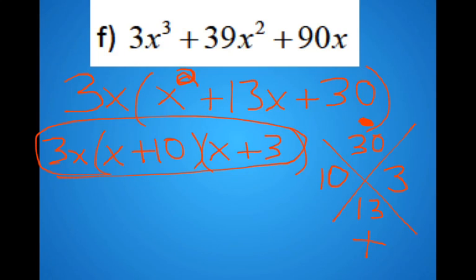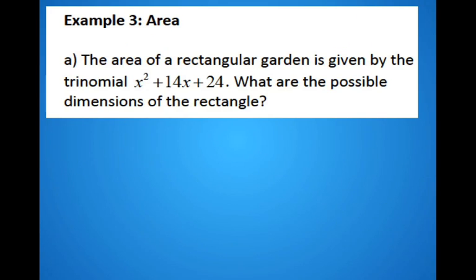Okay, and I think I'm going to do the next area one. So let's see, area of a rectangular garden is given by this trinomial. So really, if it's area, that just means that it's length times width, and so we're just looking for what could the potential two factors be, and so it's the same exact process.